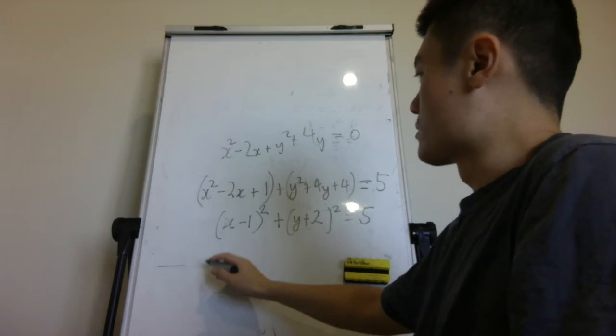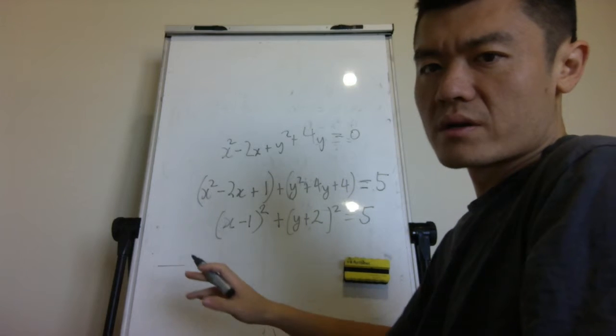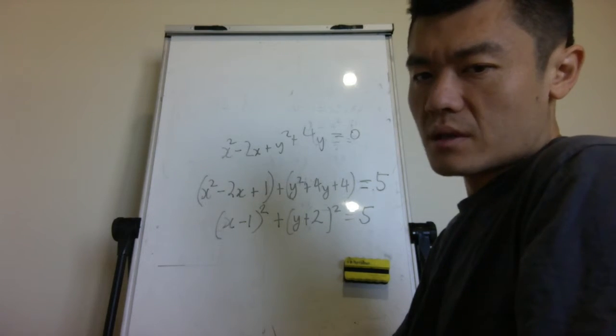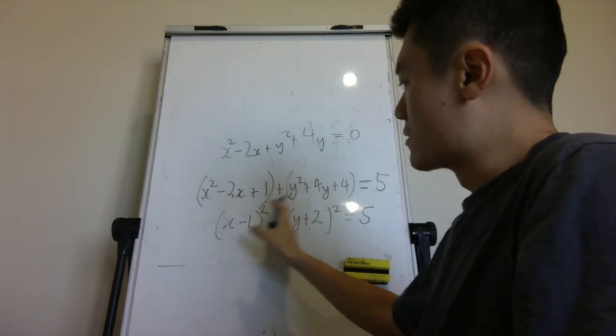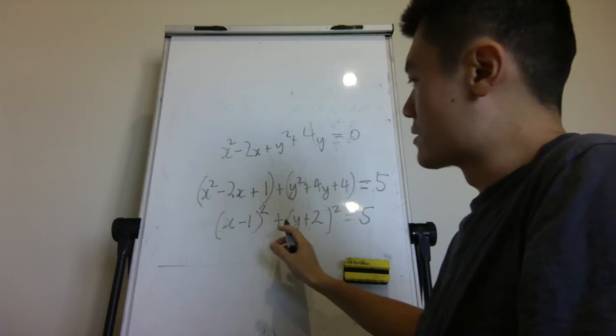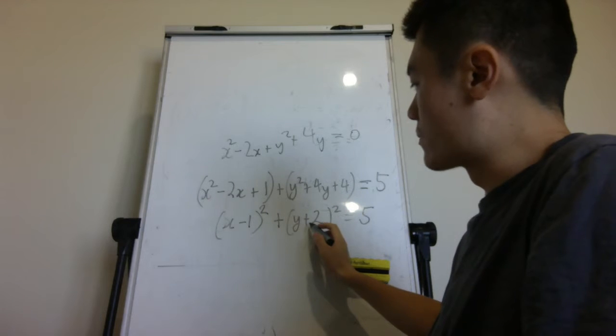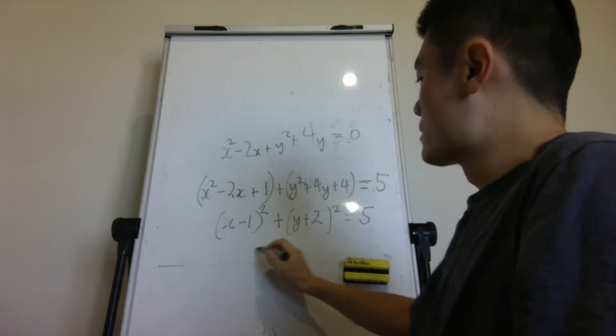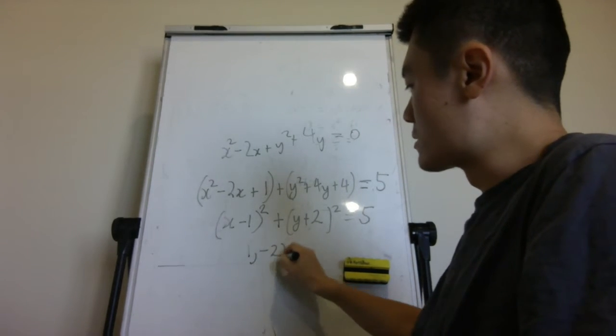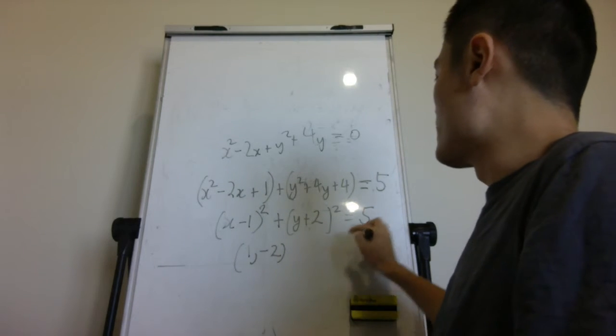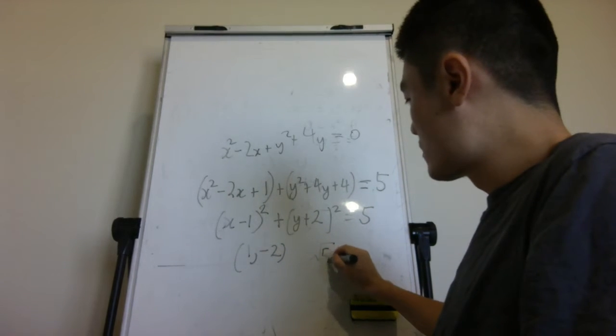So a normal circle would be x squared plus y squared equals the radius squared, and this one is just shifted a little bit. The center would normally be the origin, but now it's moved to the right 1 and down 2. So the center is now at (1, -2), and the radius is the square root of 5.